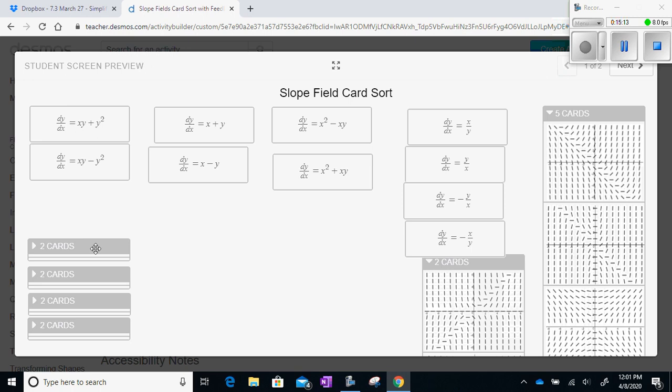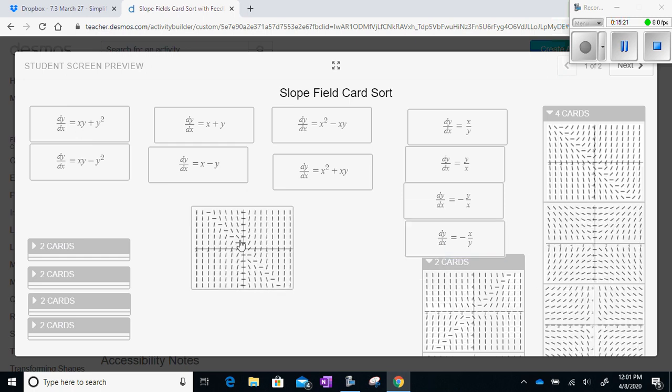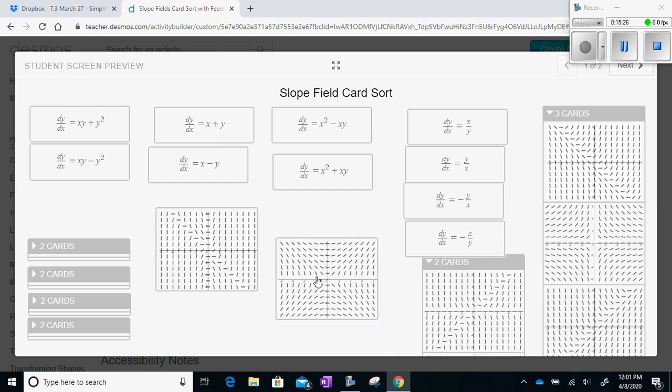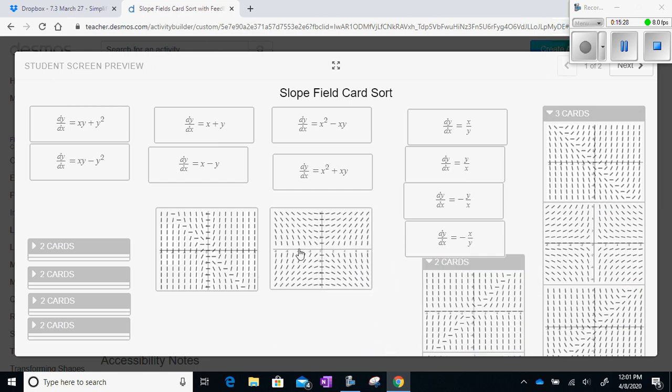All right, now I have all of these other differential equations that I need to play with. I'm going to look for characteristics in the different slope fields. For instance, I see that with these two cards, if you look up and down the y-axis where x equals 0, I have a 0 for slope.